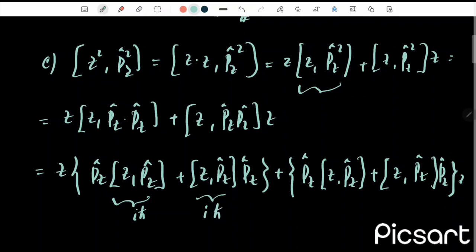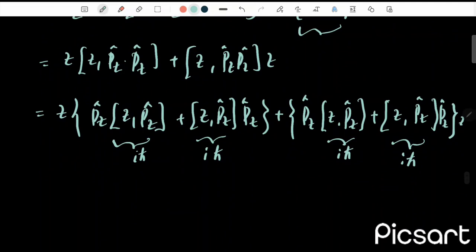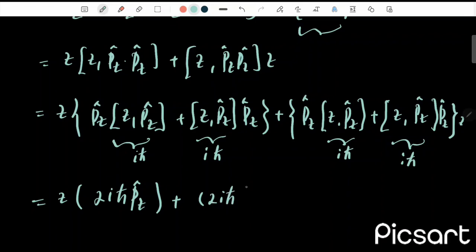Here we have also i h bar, we have here i h bar, and we have here i h bar, so that we have now z times 2 times i h bar pz plus also 2 times i h bar pz times z.